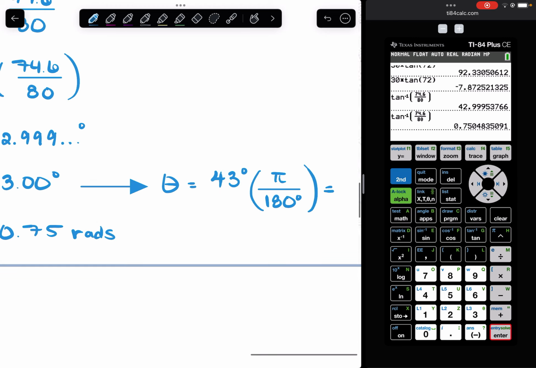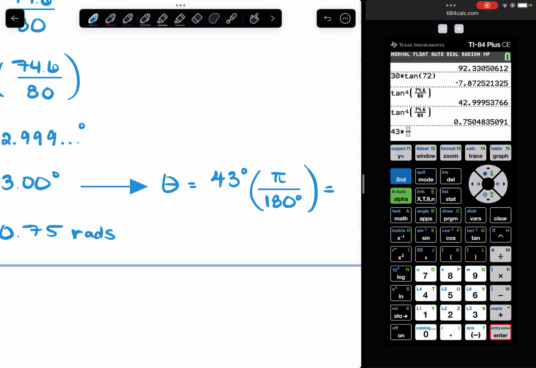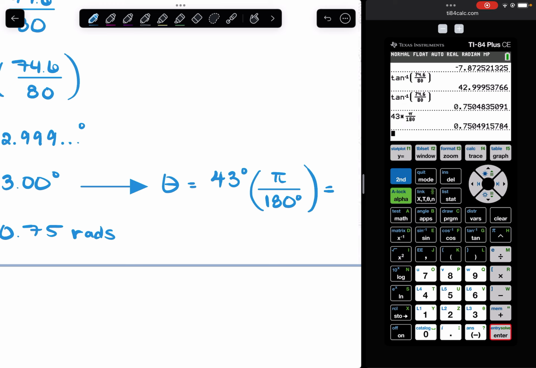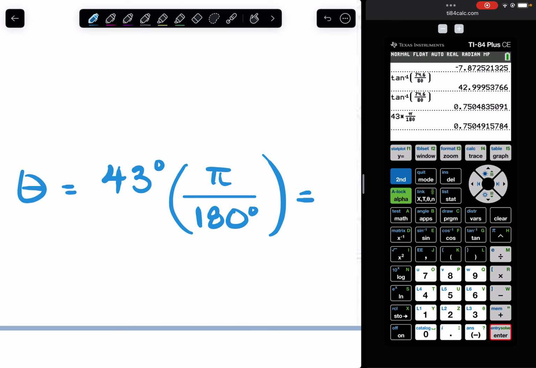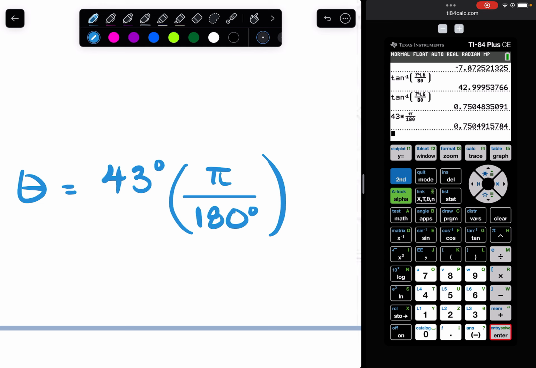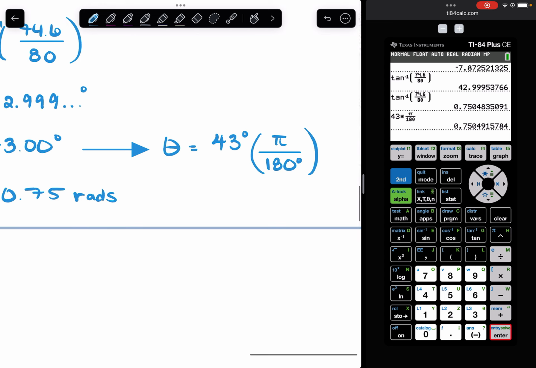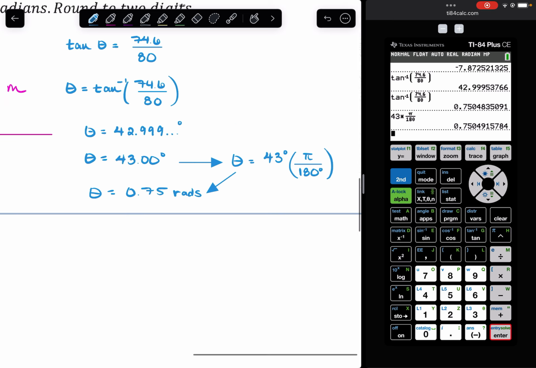And then we would do 43 times, and I go get my fraction template again, alpha y equals pi over 180. So see, we get our same answer to 2 decimal places. I guess I don't have room to go right there. We'll erase that. And then we would just give our answer here. So either way, convert it in the calculator or use your shortcut.